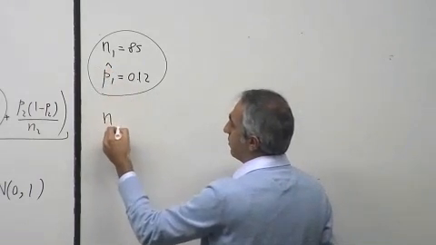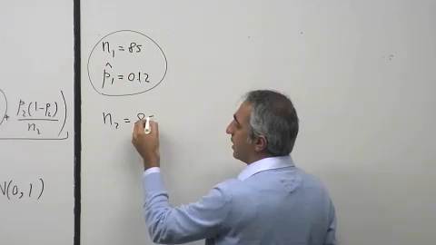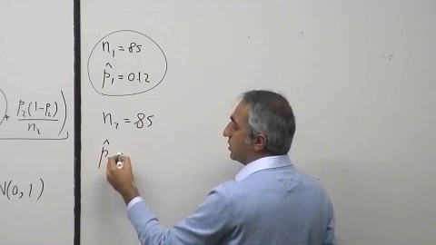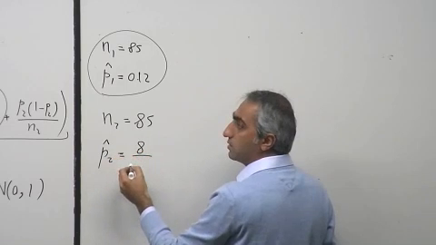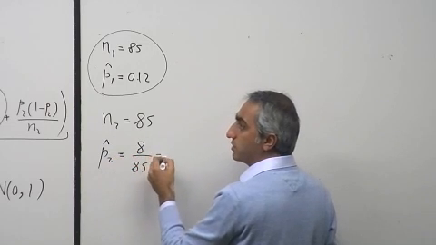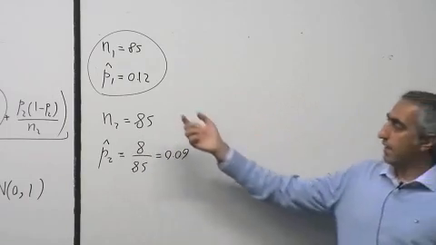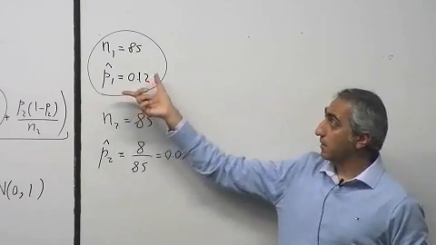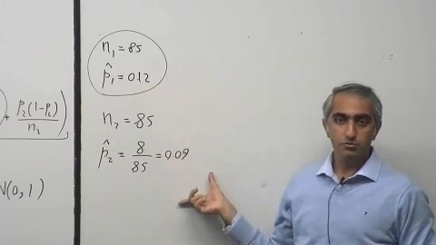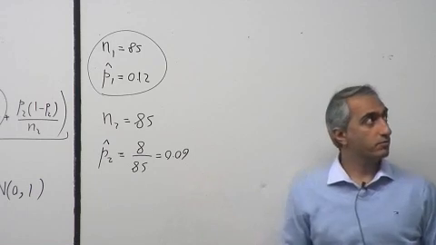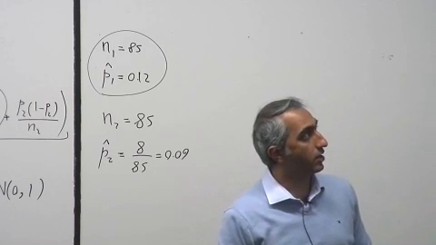And for the second one, I have again 85 observations, and p hat 2 is 8 divided by 85, which is 0.09. So basically I have the current process, and the improved process after some modification. I want to see if the improvement helps or not.